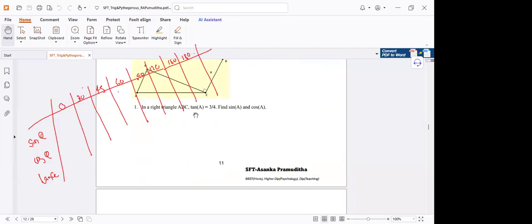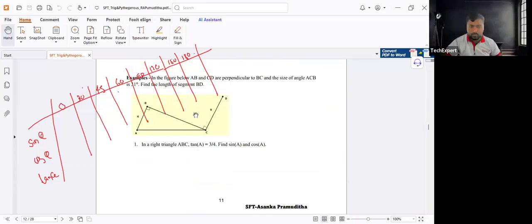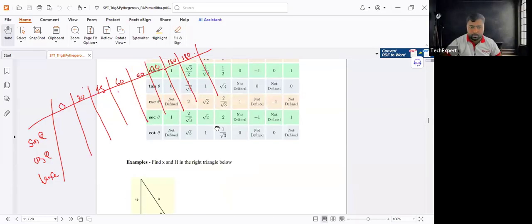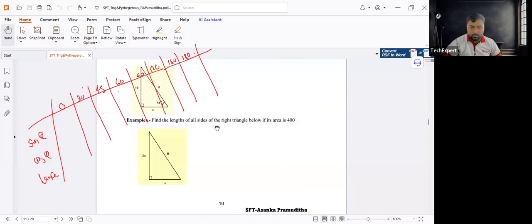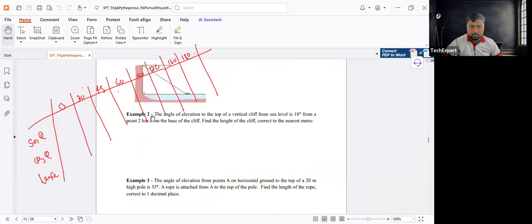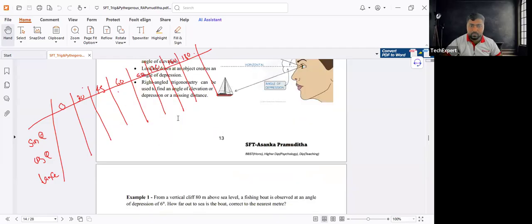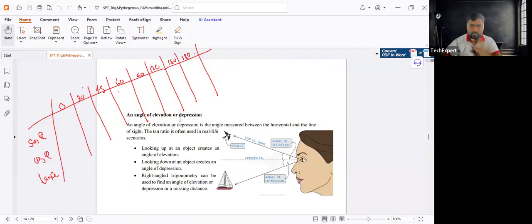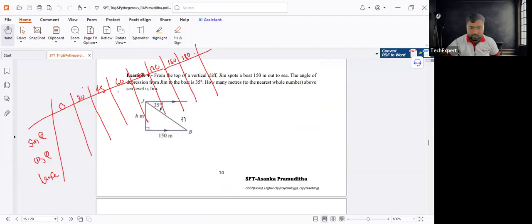Here, there are some advanced questions also. The first ones are simple. This also is manageable. If you can do this one, angle of elevation or depression, it's okay. Try to do it because the same theory is applied here. The only difference is there are two terms called elevation and depression.